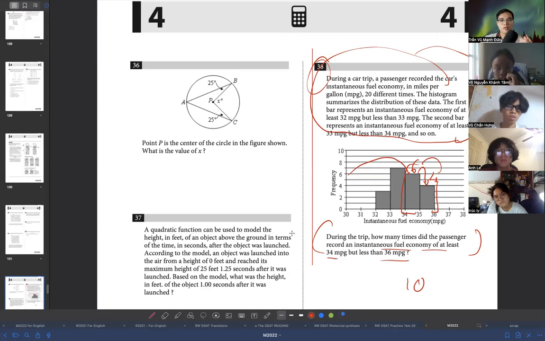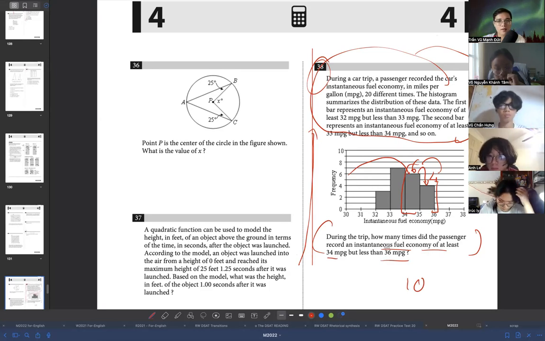That's why you need to read from the bottom up. The first thing I encounter is: during the trip, how many times did the passenger record an instantaneous fuel economy of at least 34, but less than 36? I don't know where 34 and 36 are, but I can see the graph.